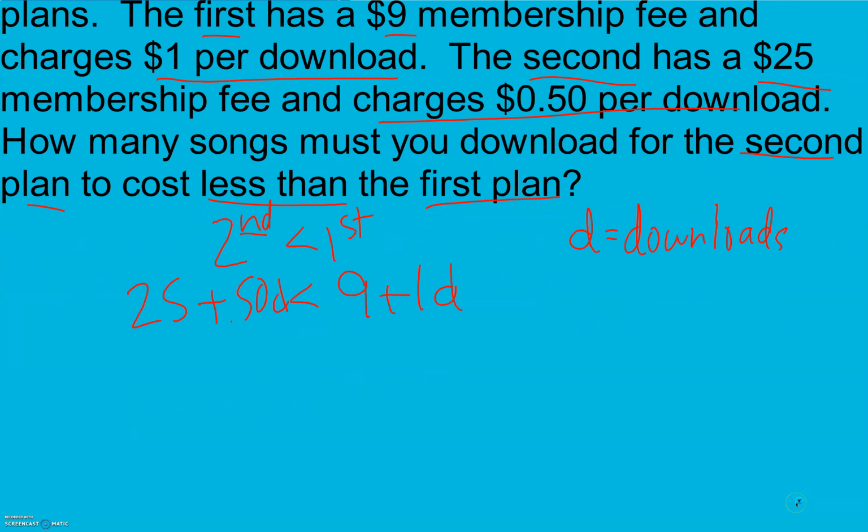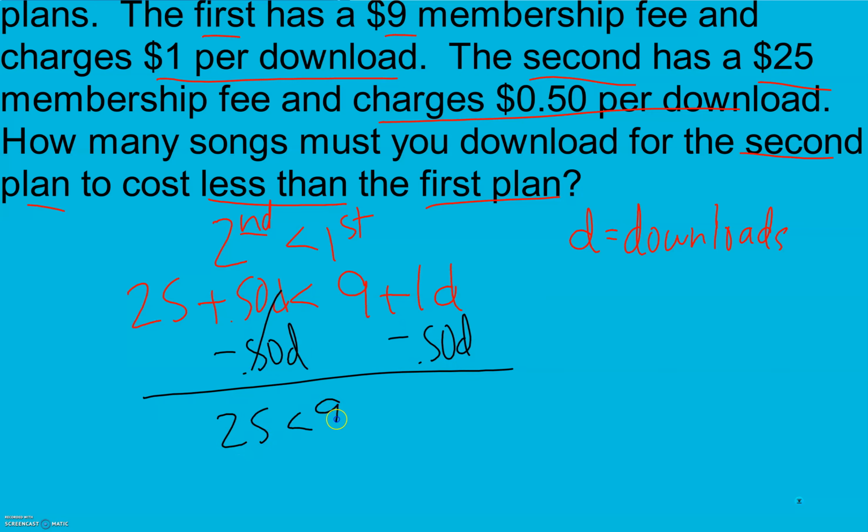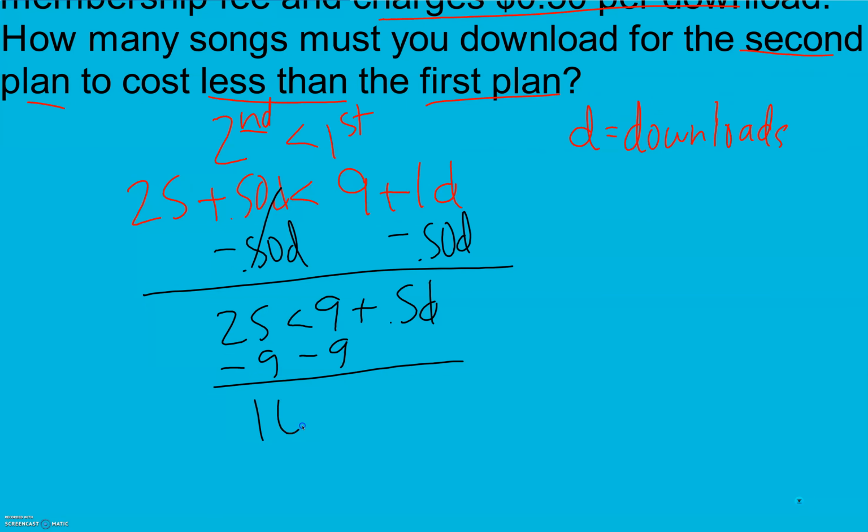Now, we're going to go ahead and solve. I'm going to get my variables together on one side. Number parts together on the other. And then I can divide.